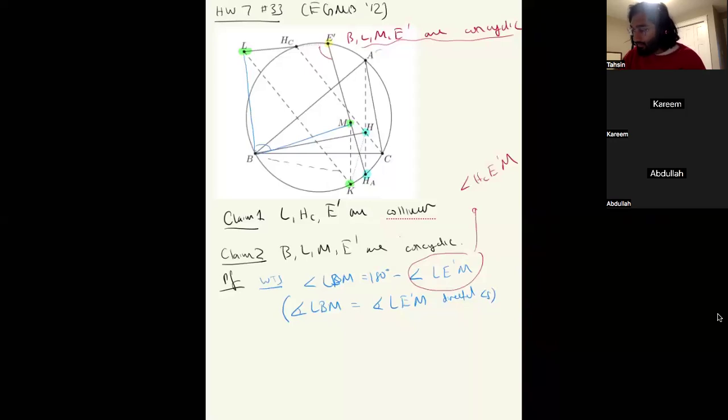And then the other point is that you can actually calculate LBM. And why can you calculate LBM? Because just think about what the situation is.